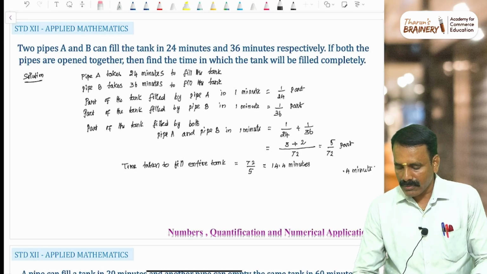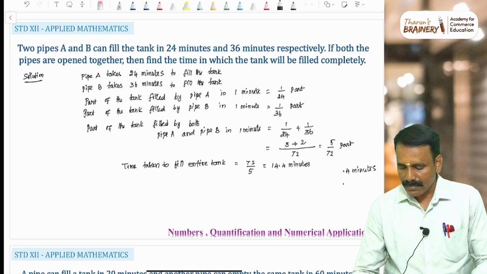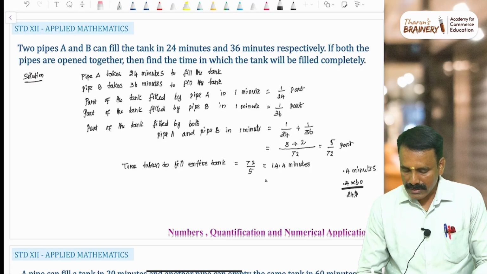That 0.4 minutes will be converted to seconds. So 0.4 into 60. So the final answer is 14 minutes 24 seconds.